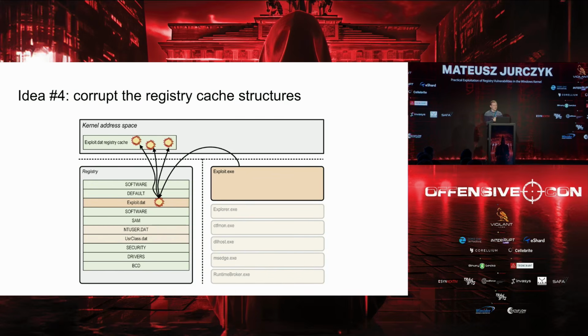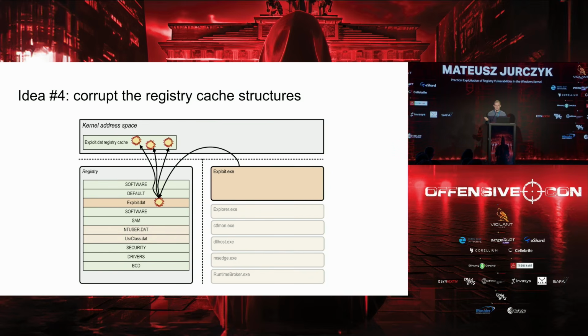And then the fourth idea would be to corrupt the registry cache structures, because in Windows, you have the mapping of the hive, but also the system doesn't really want to do all of the context switches to read data from the hive, from the registry process, if it doesn't really have to. So a lot of the data from registry hives is also cached in some kernel address space structures.